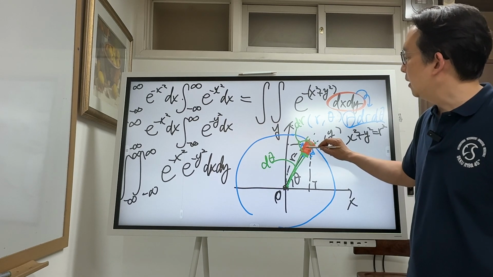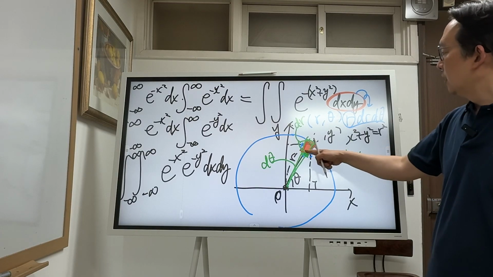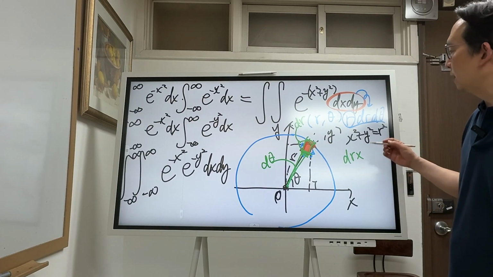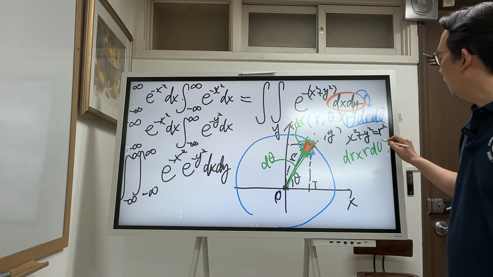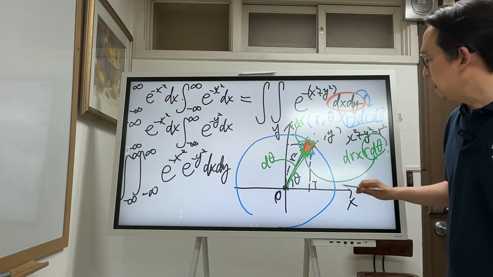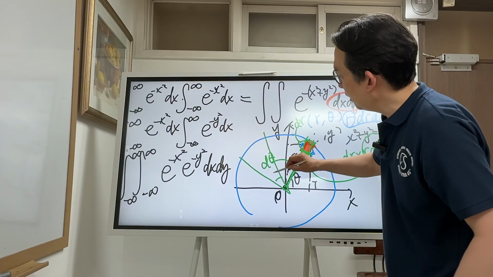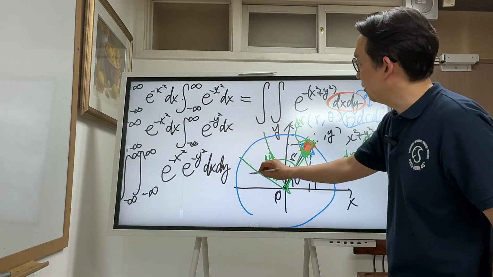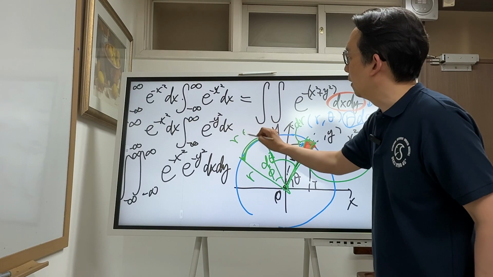And then the area over here will be equivalent to dr times something over here. This length is nothing but r times d theta, because if you look at any circle, here is any angle phi, and here is r, then this length will be r phi.